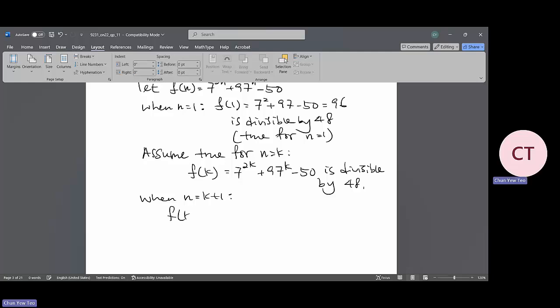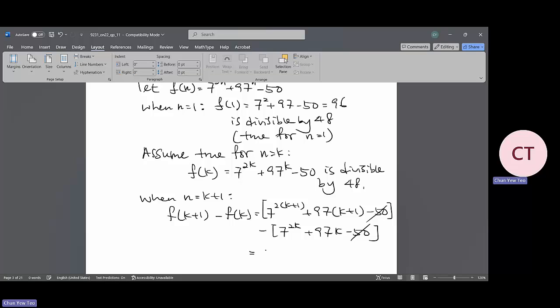We take f(k+1) minus f(k). That will be 7^(2k+1) plus 97^(k+1) minus 50, minus 7^(2k) plus 97^k minus 50. So you can see that this one can cancel off. So you will get 7^(2k).